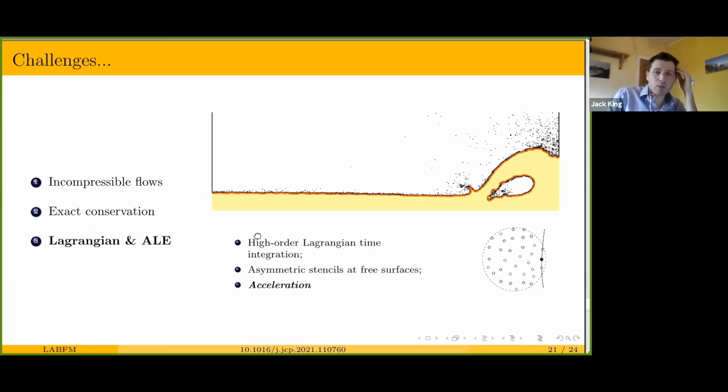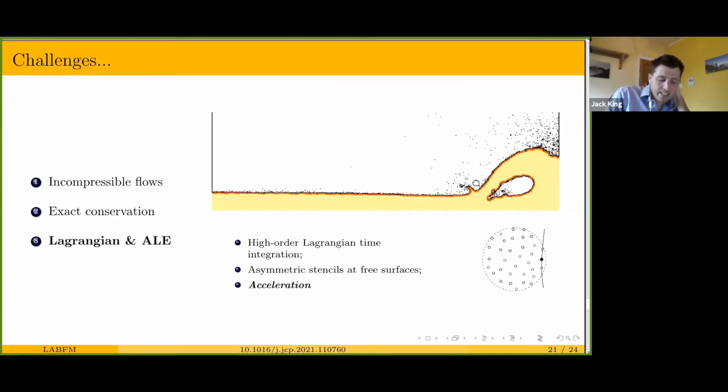So I've experimented a little bit, putting LABFM in my incompressible SPH codes, and it works okay. The figure here is of a dam break. So the yellow shows where we've got fourth order LABFM. Orange is second order LABFM near the free surface, and then black is SPH on the free surface. So that's a nice approach, but it's not particularly accurate.